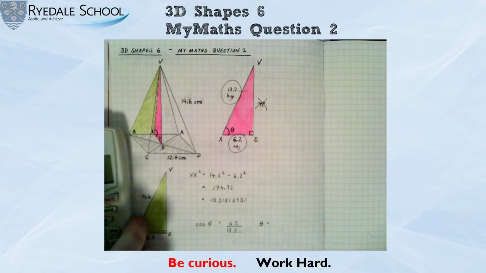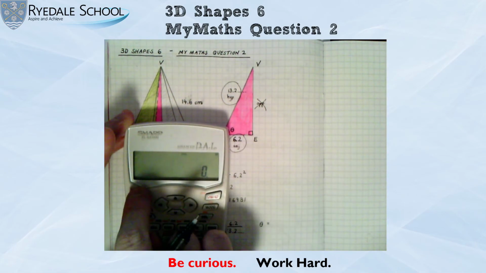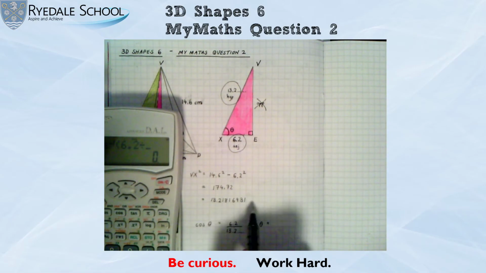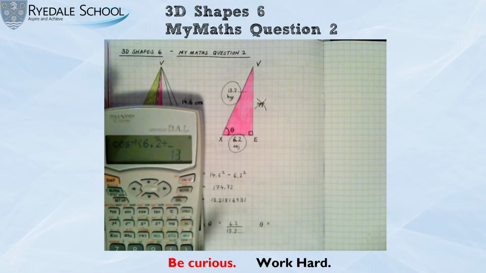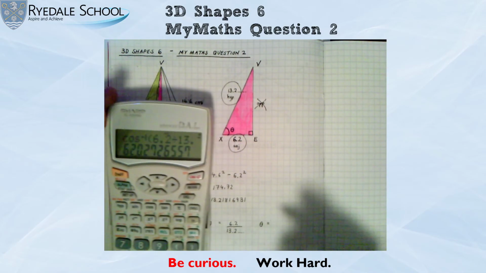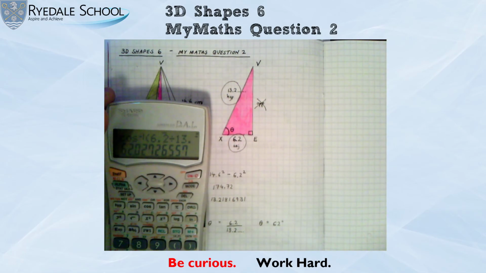And remember, when you're using a calculator and you're finding an angle, you need to use your second function button. So, I am going to do cos to the minus 1 of 6.2 divided by all that answer that I wrote out there, 13.2181691, equals, and it wants it to the nearest degree, so the answer to my pyramid will be different to yours because the chances of getting the same numbers are very, very slight. 62 degrees.